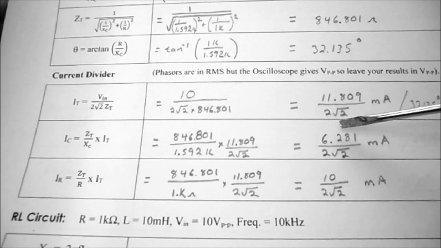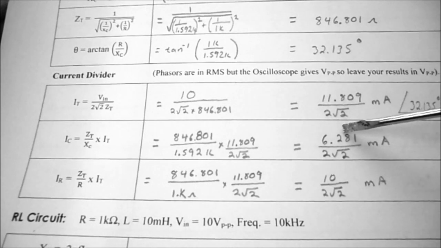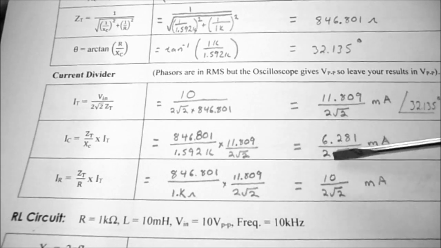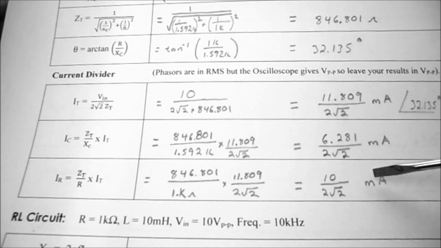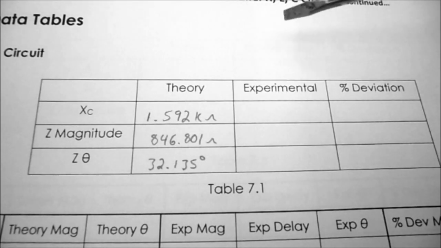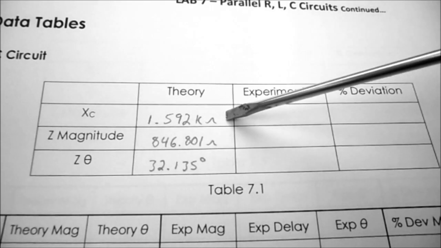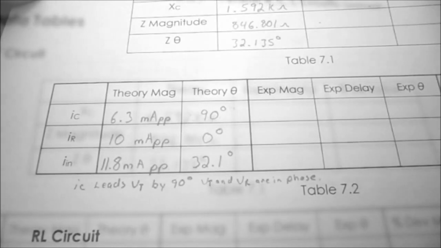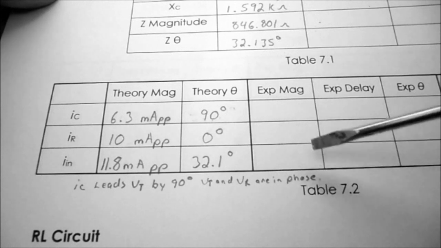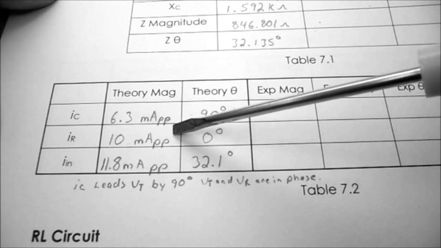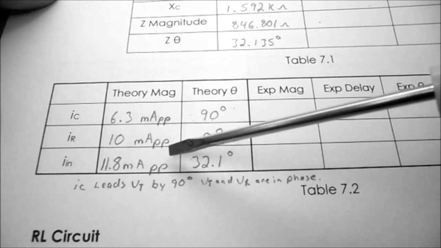IC worked out to 6.3 milliamps peak to peak, and IR worked out to about 10 milliamps peak to peak. So in table 7.1, I've filled in my theory for XC, Z magnitude, and Z theta. And in table 7.2, you can see I've filled in my theory magnitude for IC, IR, and IN.